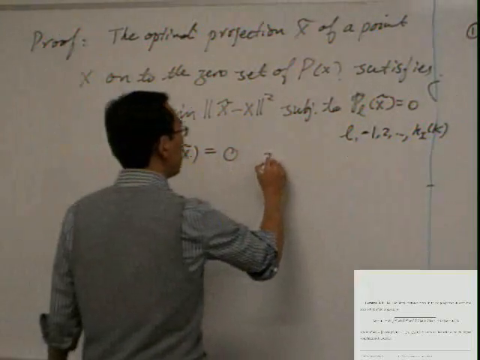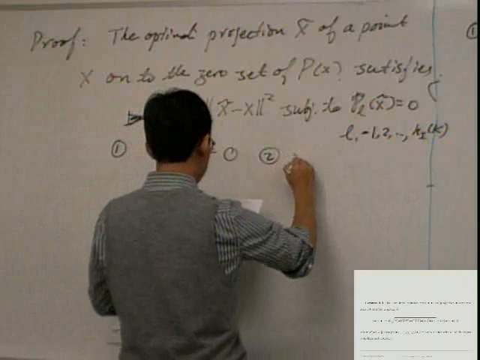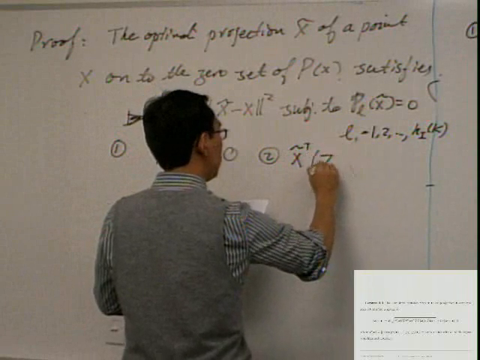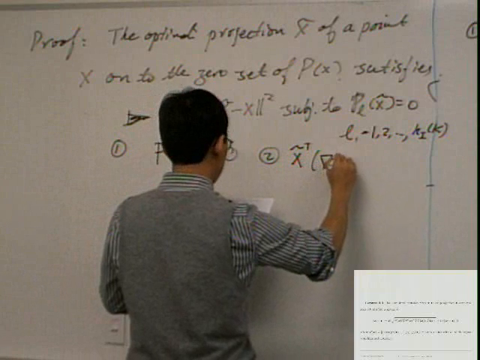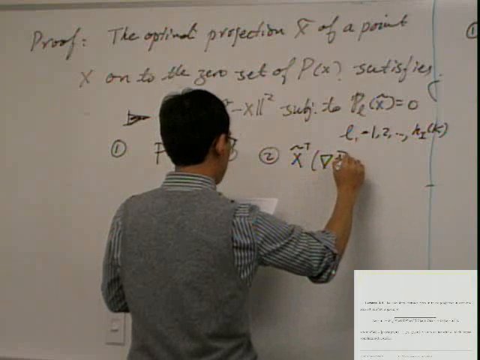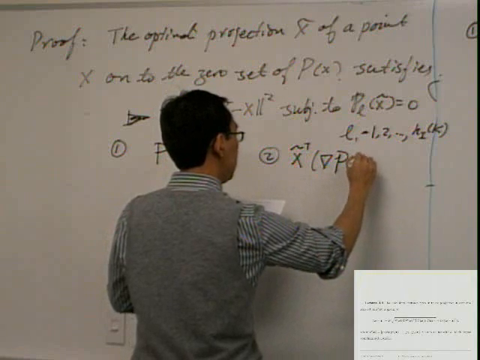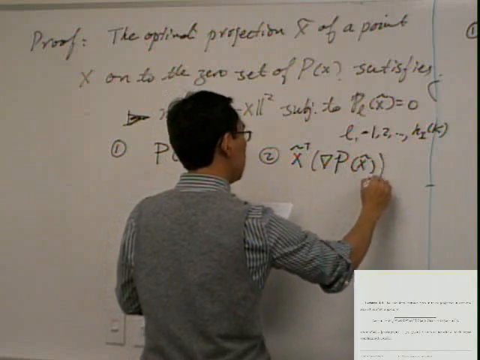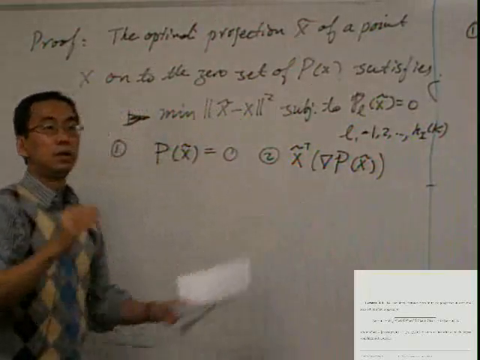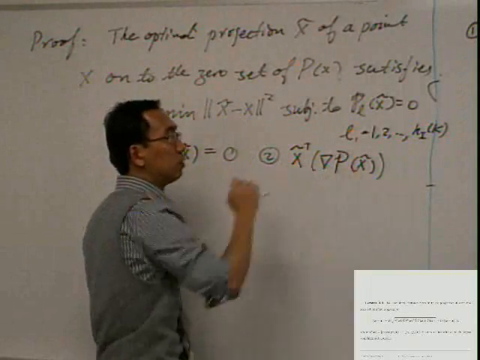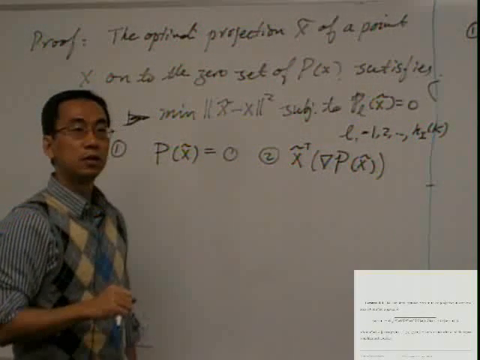And second, now this is your turn. I want to ask you, what's the dot product between x tilde and the derivative of p, evaluated also at x tilde?